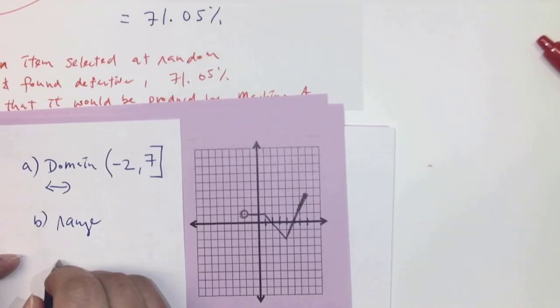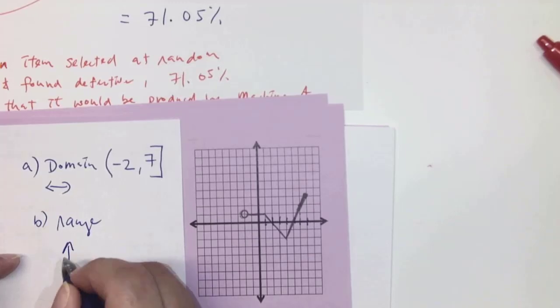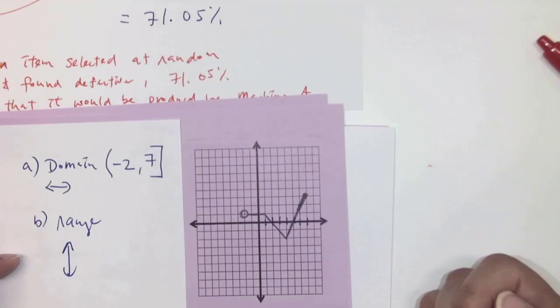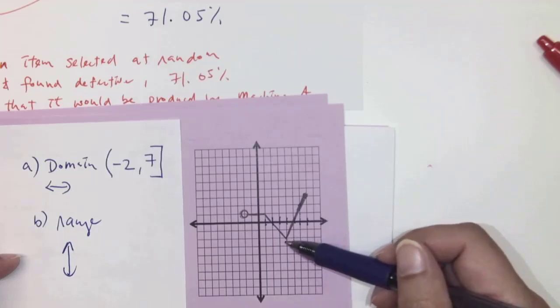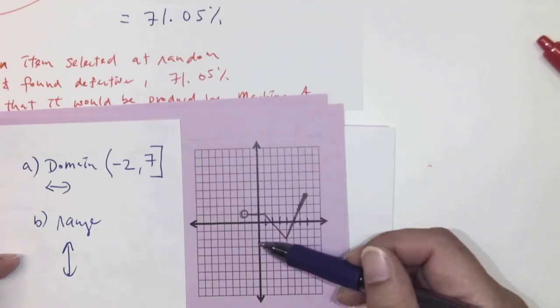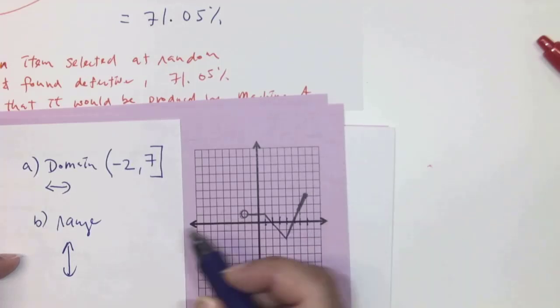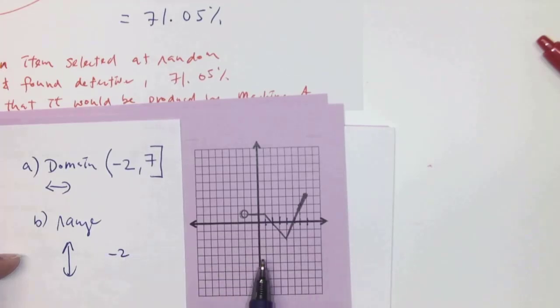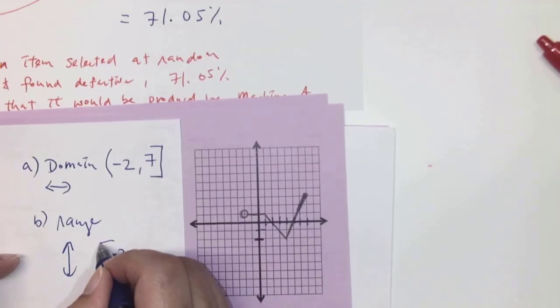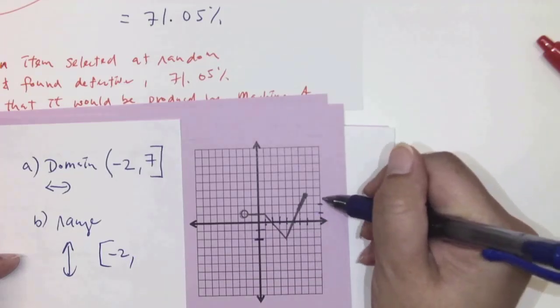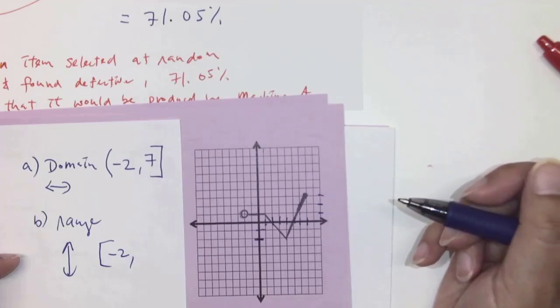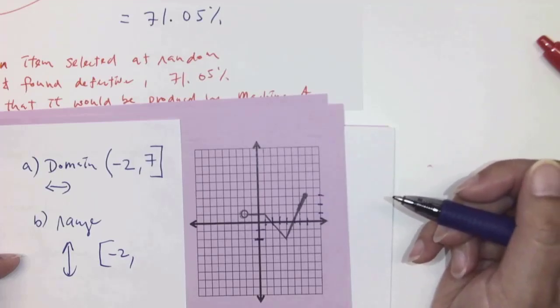All right, second one is range. Range is possible y values, so up and down, right? The lowest point for y is -2. Do you agree with him? -2 for y? Yes, okay. -2 comes with a solid point, so it's going to be a bracket, comma, then the highest point for y, which is y equal to 3.